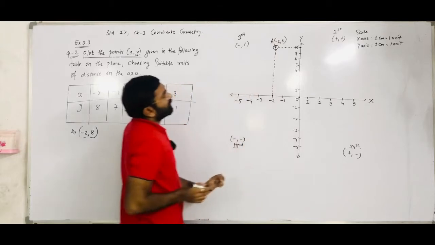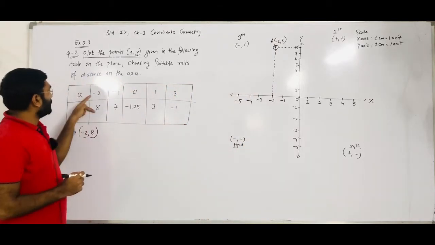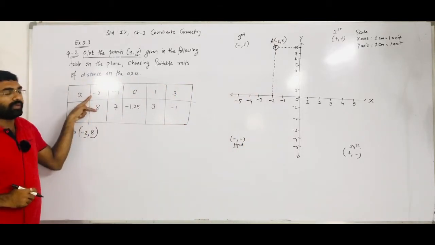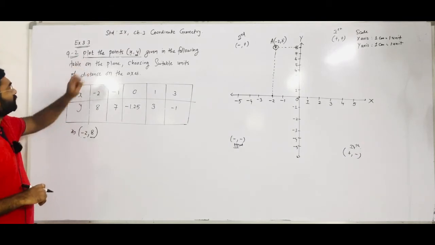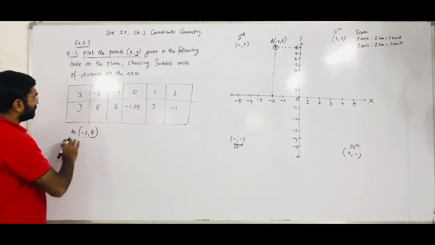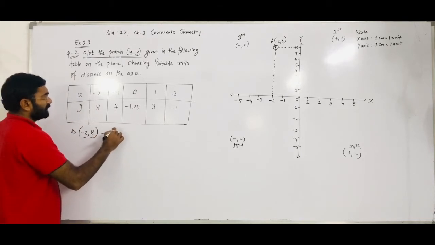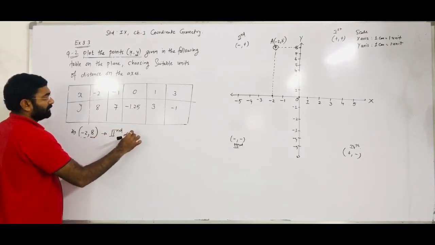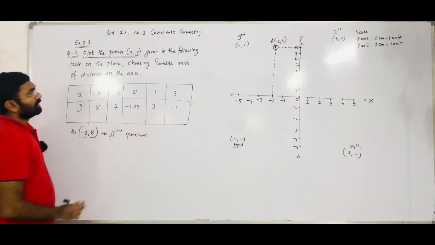That way we can locate any given point on the xy plane, or Cartesian plane, which is given in a question to plot. So the first point, minus 2, 8, is represented in the second quadrant.